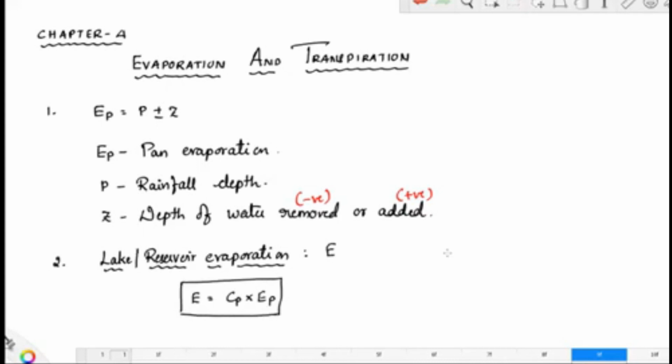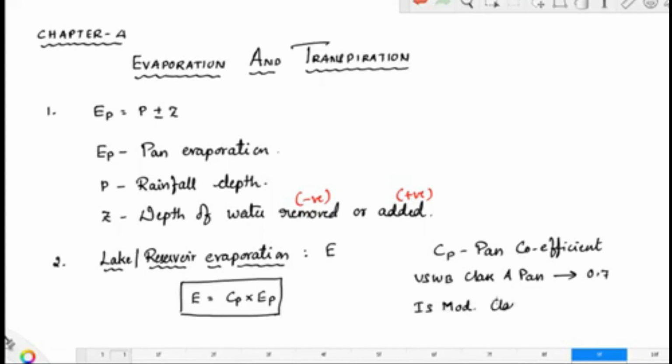Now Cp is nothing but pan coefficient. So for US WB class A pan, you have to take a value of 0.7. For IS modified class A pan, you have to take a value of 0.8. For Colorado sunken pan, 0.78, and for US GS floating pan, you have to take it as 0.8.